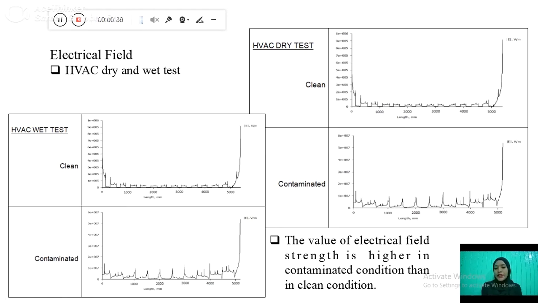So it can be concluded that the electric field strength is higher in the contaminated condition than in the clean one, since we can see the electric field for the contaminant from the graph is a bit higher than the clean one. This is the clean one and this is the contaminant.